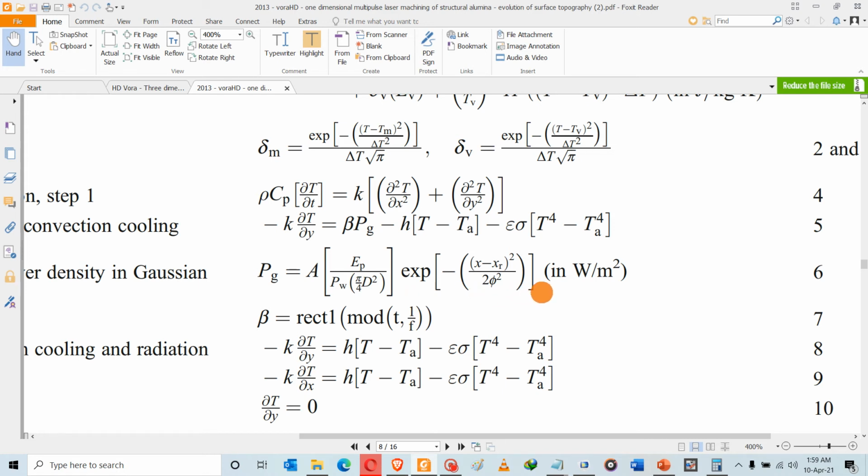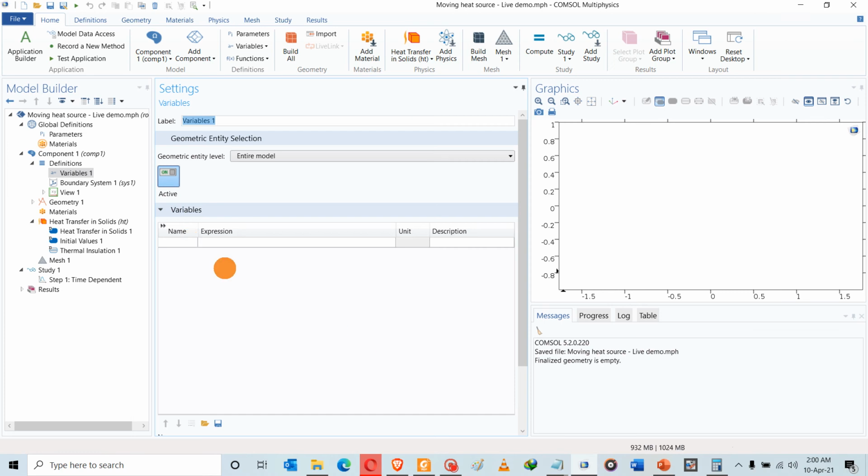So in this case, we have a Gaussian laser beam distribution here. So first, we are going to split the Pg, which is the Gaussian laser pulse, into two terms: laser energy density and the Gaussian space. So first, let us create the laser energy density. I'm going to call this d ED.